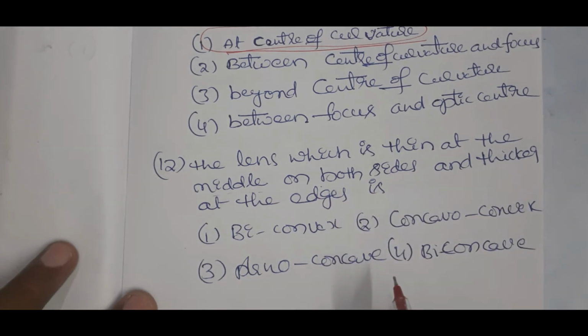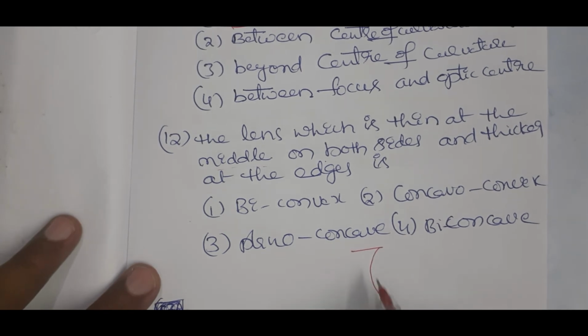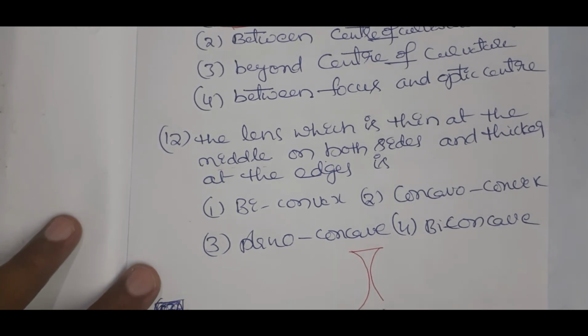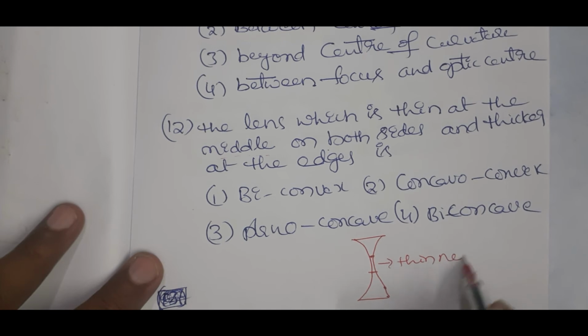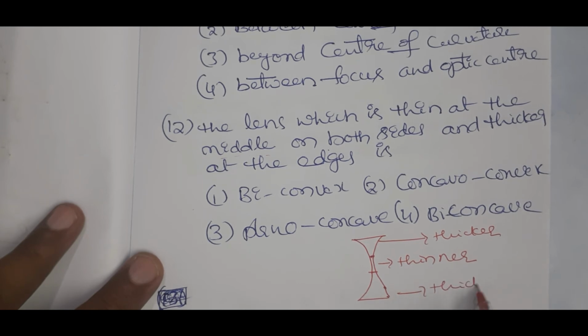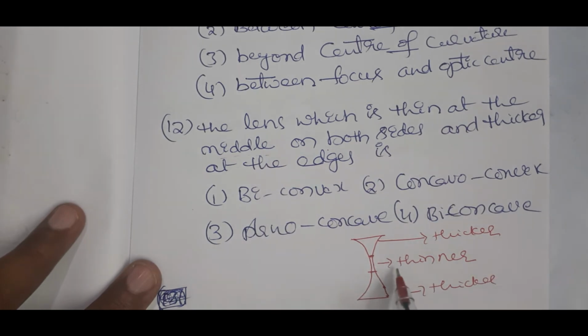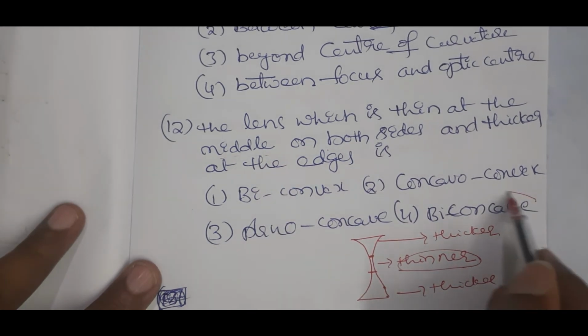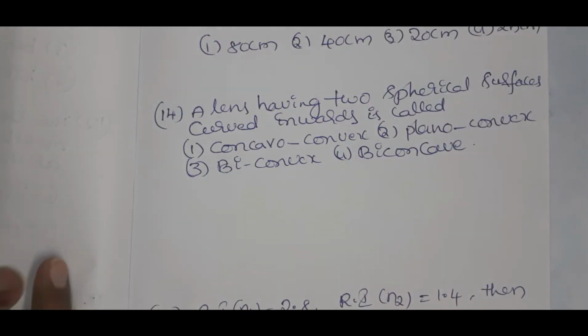You know convex lens is thick at the middle, but concave lens, that is biconcave lens, is thin at the middle and thicker at the edges. So the lens which is thin at the middle is called biconcave lens.